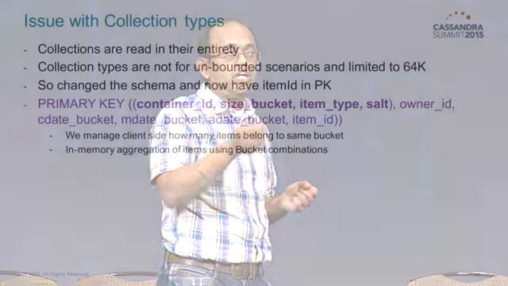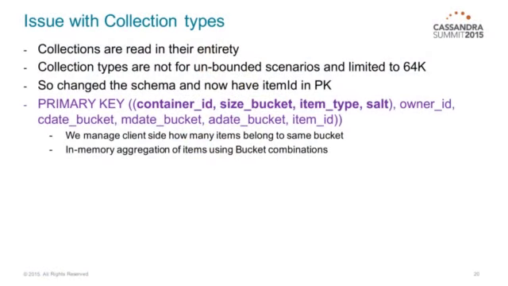What we did this time was we removed the map, and because the map was keyed with item ID, now we have item ID as part of the primary key. Item ID is the last clustering column in my primary key, and now the only non-key column in this table is size for that item.